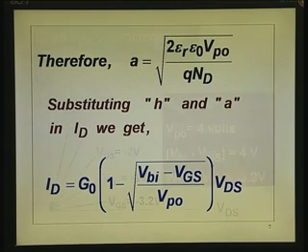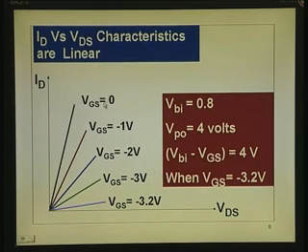Go back to this, V g s equal to 0, it is 1 minus square root of V b i by V p 0 into V d s. Okay. If I increase the V g s reverse bias, this is V b i plus that reverse bias quantity. So, V g s equal to 0.